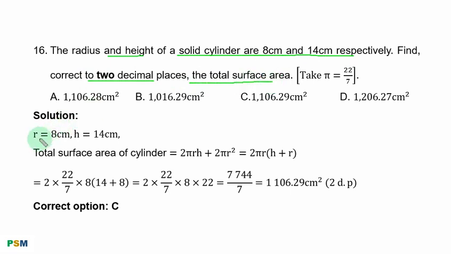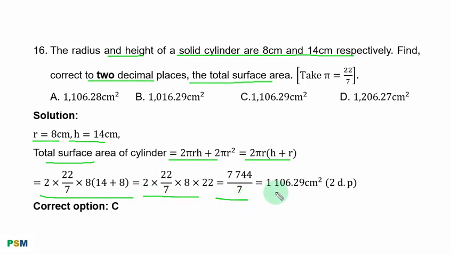Radius is equal to 8 cm, height is equal to 14 cm. Total surface area of a cylinder is given by this formula. You can factor out 2 pi r and you have it in this form. You replace the parameters with what they stand for. You have this result. When you simplify, you have this result, followed by this.